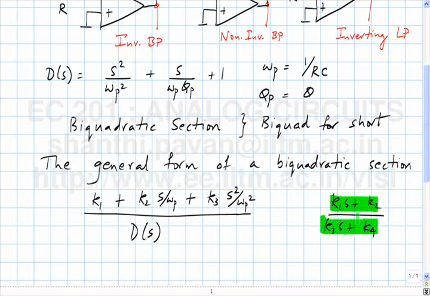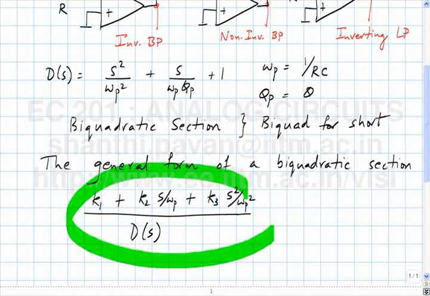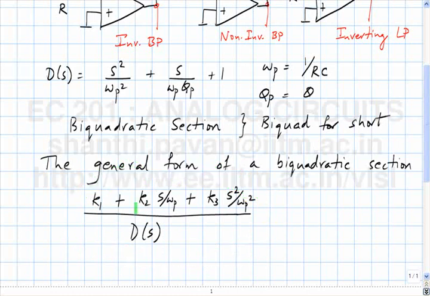Bilinear. It's a ratio of two expressions, both of them correspond to a straight line. So this is a bilinear expression. By the same token, this character here is a so-called biquadratic expression, and an implementation which realizes this is basically called a biquadratic section.